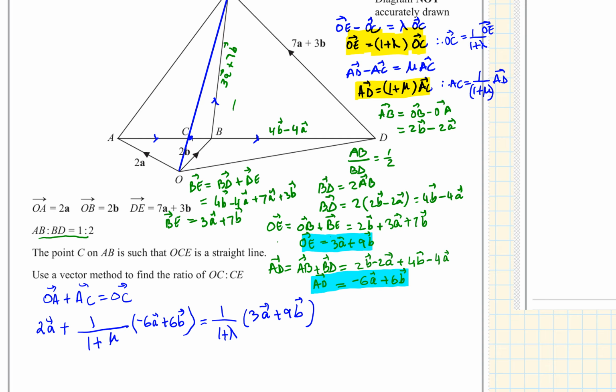So then I need to write it now. 2A times this, so 1 plus mu times 2A.